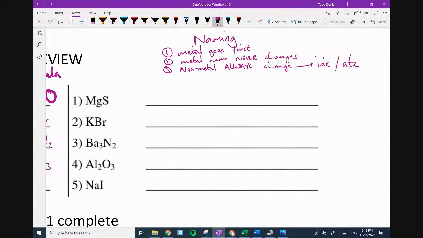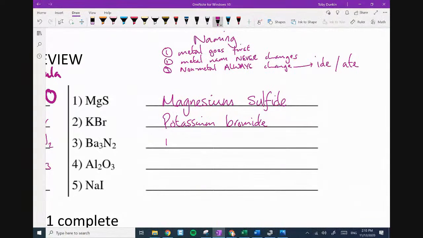So in this case, we're going to have magnesium sulfide. Notice it's spelled with an F, by the way. That is correct. PH is an ancient English misspelling, and it's no longer applied. So it's spelled with an F. And then we get potassium bromide.